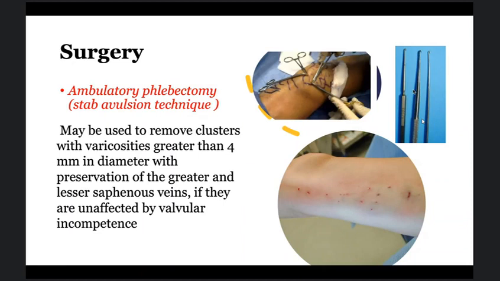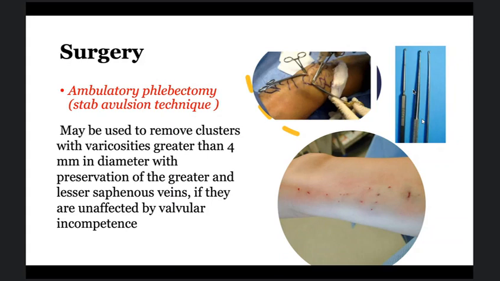Stab avulsion technique, or ambulatory phlebectomy, or stab phlebectomy, may be used to remove clusters with varicosities greater than 4 millimeters in diameter, with preservation of the greater and lesser saphenous vein if they are unaffected by valvular incompetence. So we use stab phlebectomy or avulsion of vein alone when we have varicose veins greater than 4 millimeters in diameter that are not amenable to sclerotherapy, and the great saphenous vein and small saphenous vein are normal.